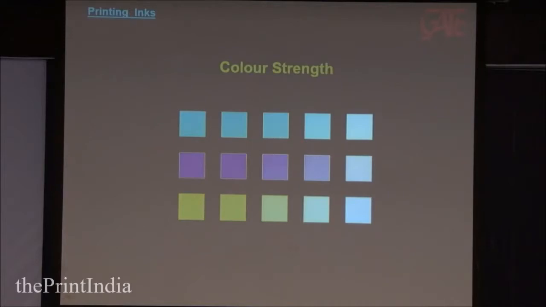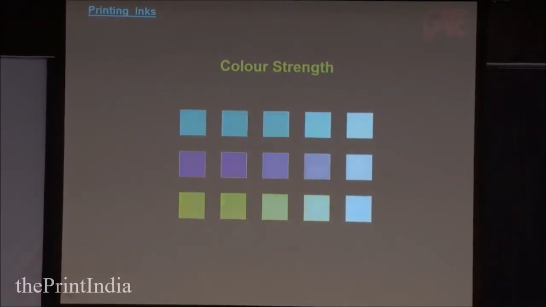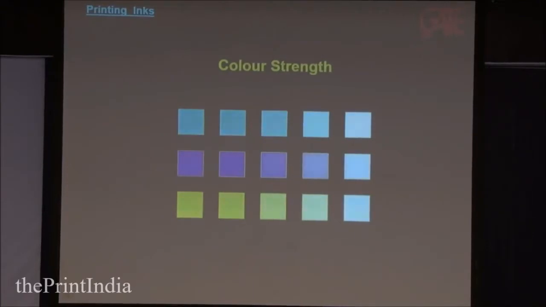Whether it's a liquid ink or a paste ink, it doesn't matter. You must check it on the substrate that you want to print, because the substrate makes a big difference for the same inks.